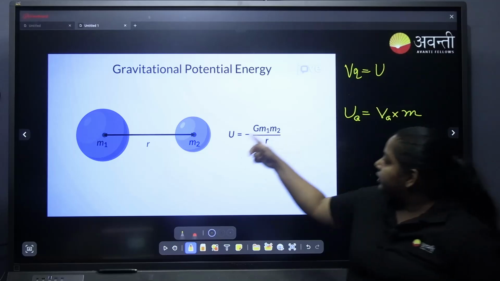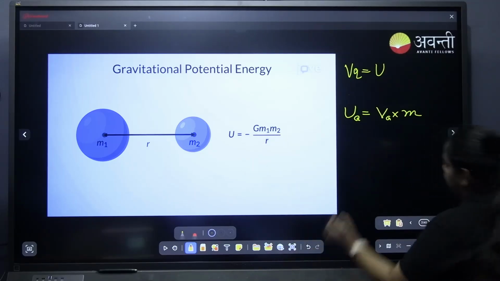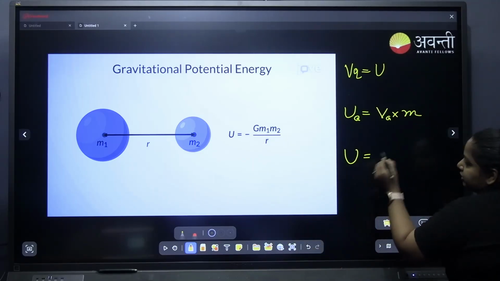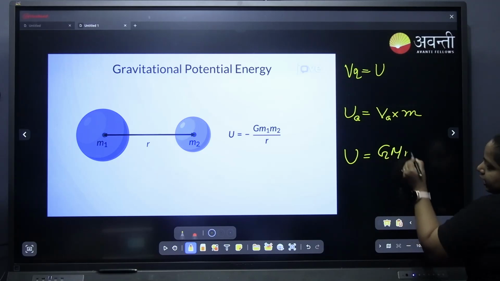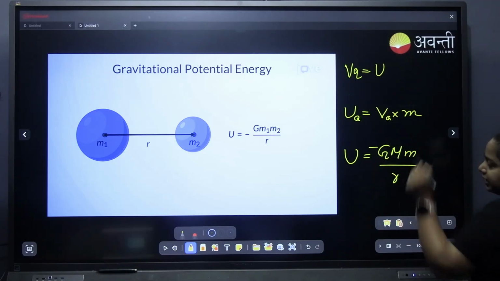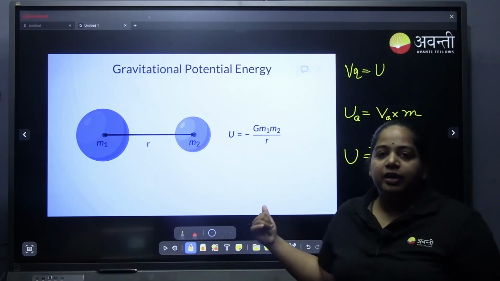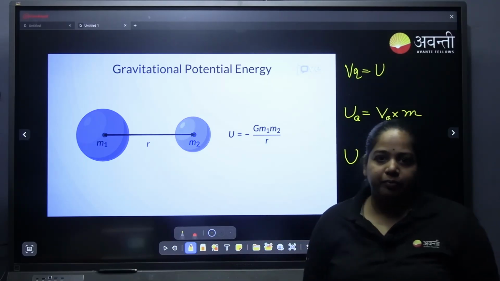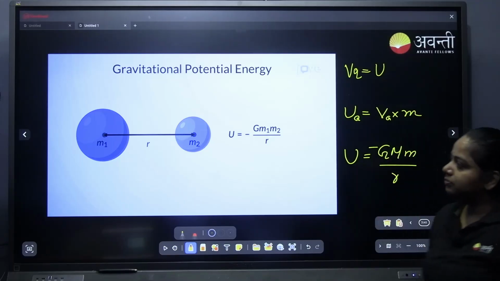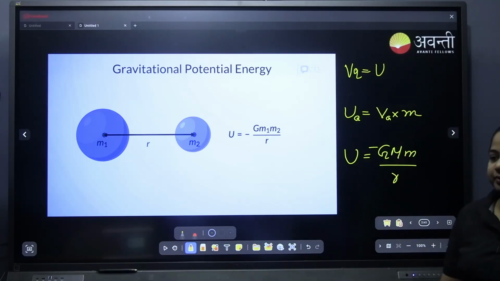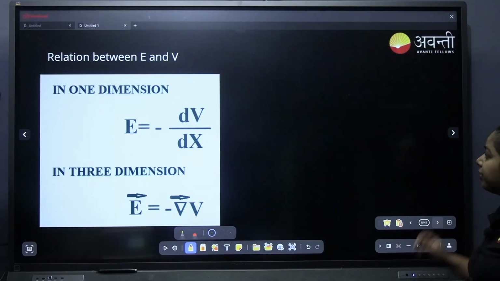So that's why we get the formula gravitational potential energy is equal to minus GMm by R. The minus sign is there because work done is positive, so potential energy will be negative. Is there any doubt in this? No, ma'am. Okay, so we will continue.